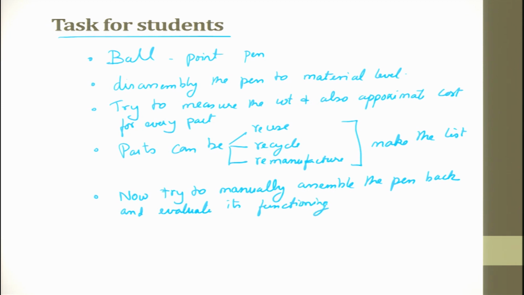You will see a lot of challenges will be there, and it will be very surprising to see that many times it will not even function. Then on top of it, when we have made parts that can be recycled, you have stripped it to the last mile, right, to the material level.